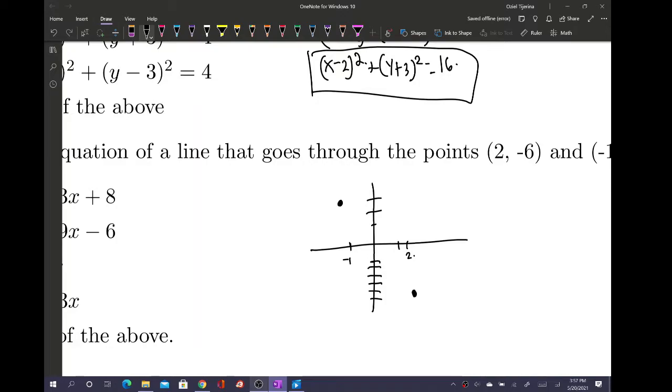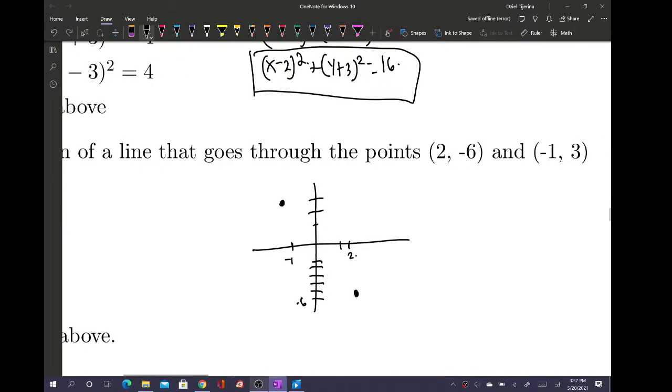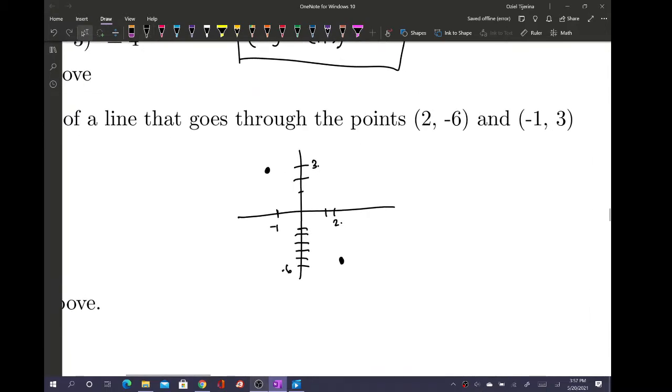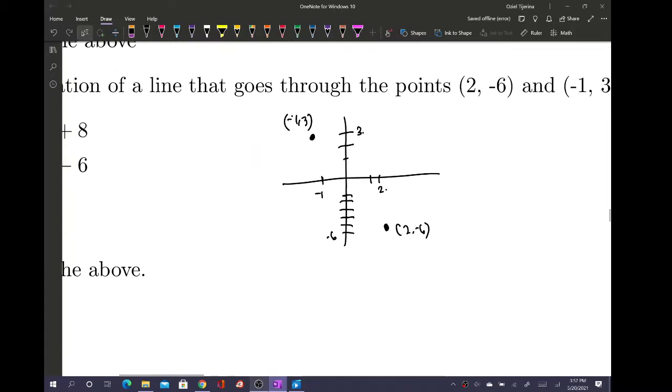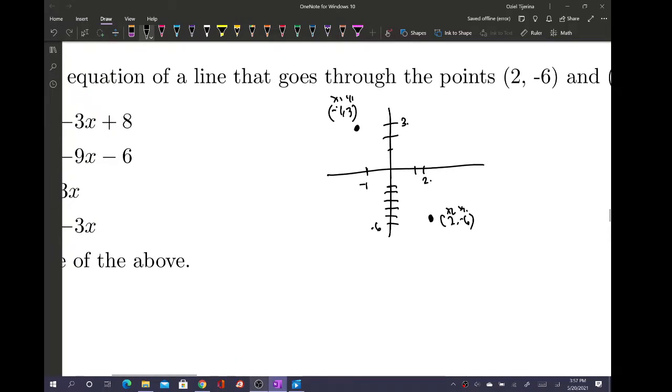This point is (2, -6), and this point is (-1, 3), right? So this is x1, y1, and this is x2, y2. It always goes from left to right, okay?